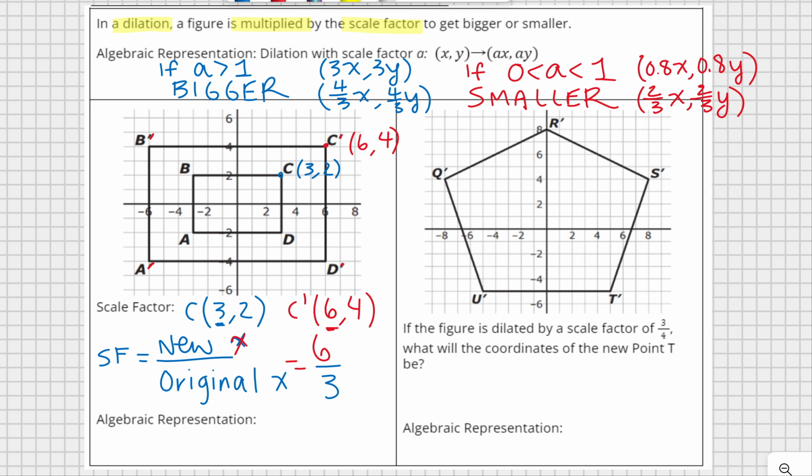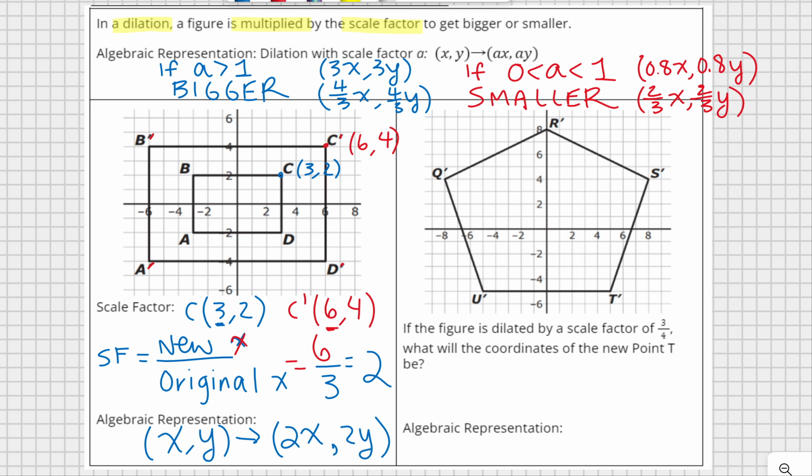Yes, 6 can be divided evenly by 3, so it's 2. So my scale factor is 2. Then my algebraic representation, each xy value is going to be multiplied by the scale factor, which is 2. So it would become 2 times x, or 2x, comma, 2 times y.